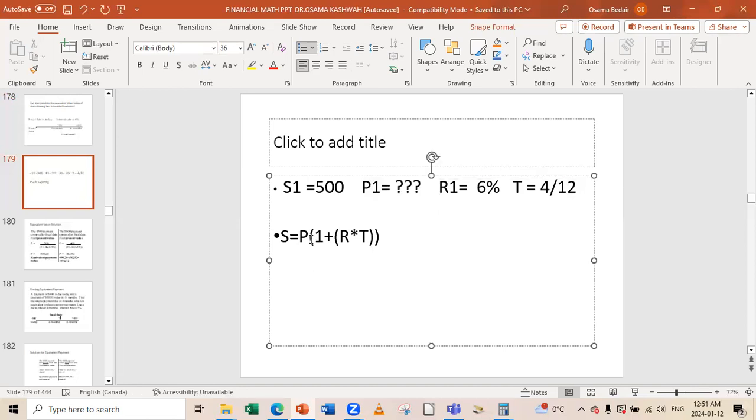So to calculate the present value, if it is like this, then P will equal S divided by this amount. That's what we want.